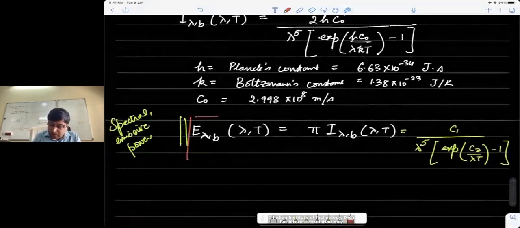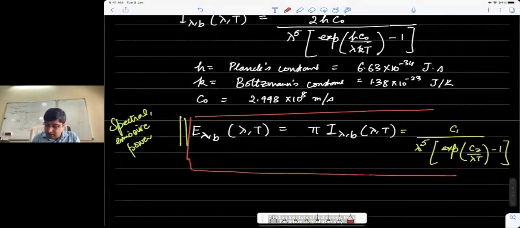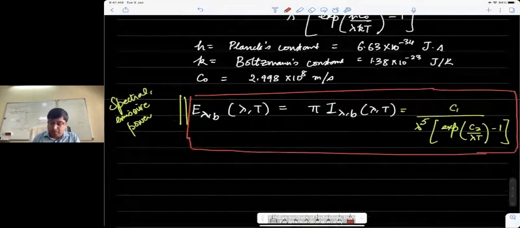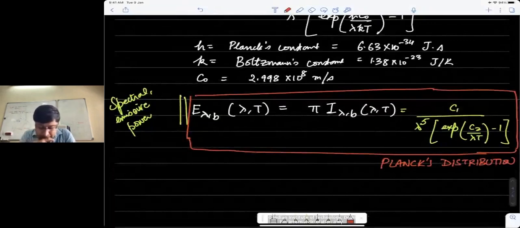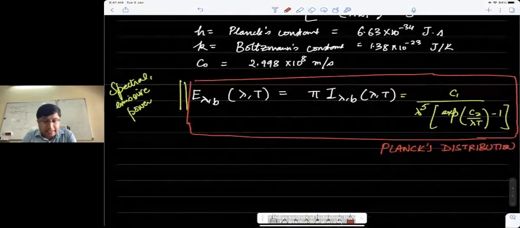So the spectral emissive power from a black body has a very specific form, which is what is known as the Planck's distribution. The Planck's distribution basically defines this maximum emissive power from a black body at a given wavelength.